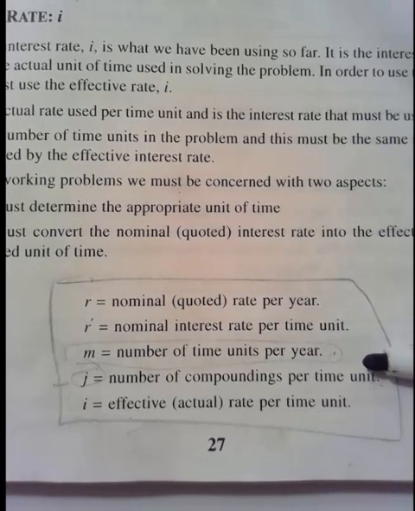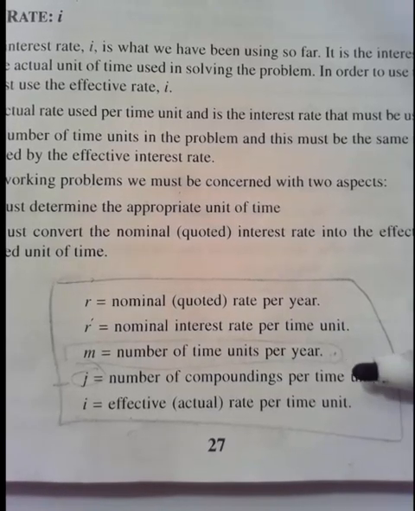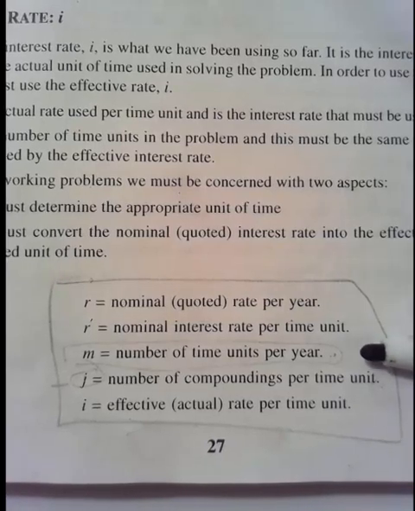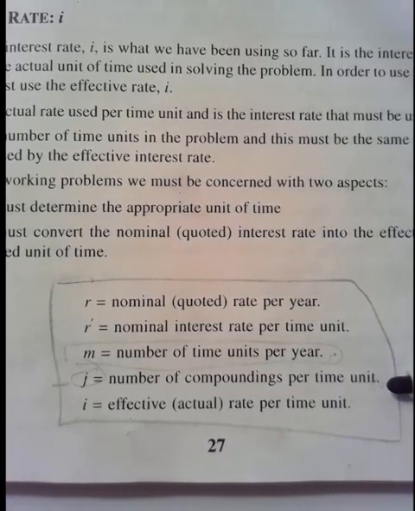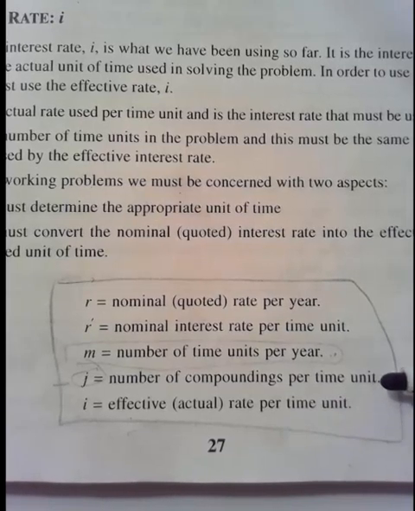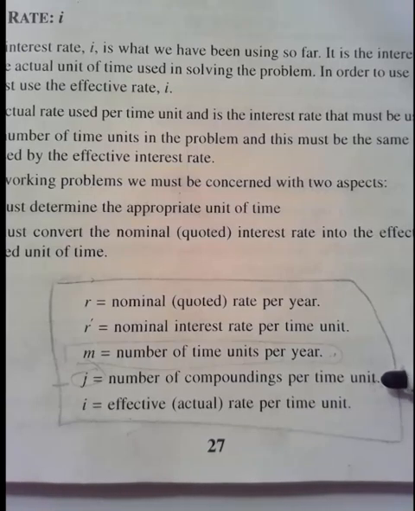M is the number of time units per year, but also used as the time frequency for the cash flows. And J is the time frequency of interest compounding. So what we are getting at is that the frequency of the cash flows does not need to be the same as the frequency of interest compounding. And that's the whole premise behind Chapter 2.